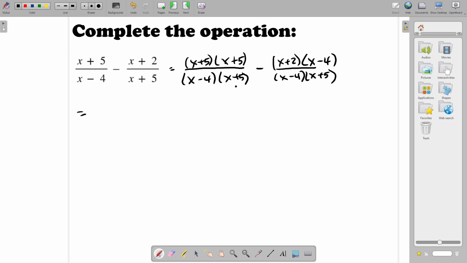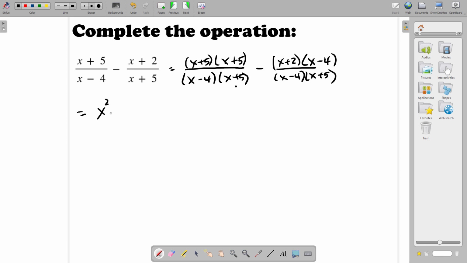So what I need to do now is use FOIL method and multiply out those two parentheses. FOIL method is also distributive property. X times x, x times 5, 5 times x, 5 times 5.